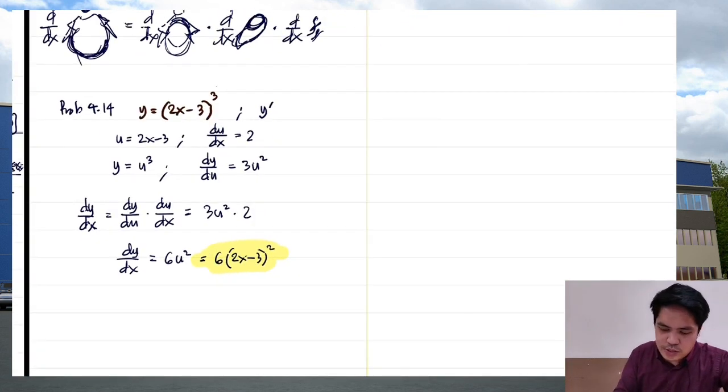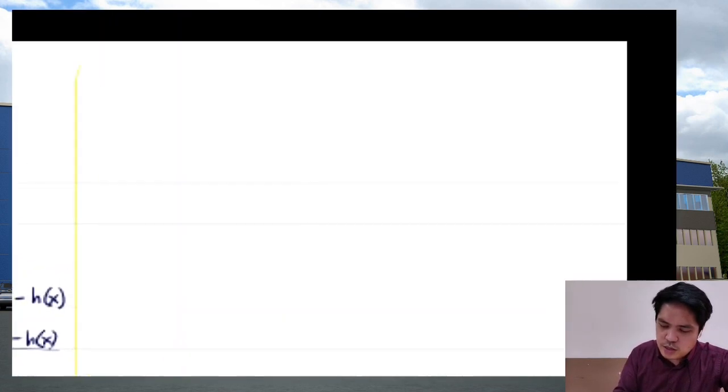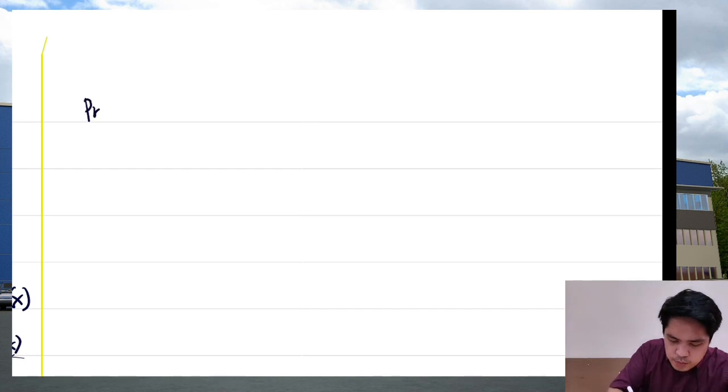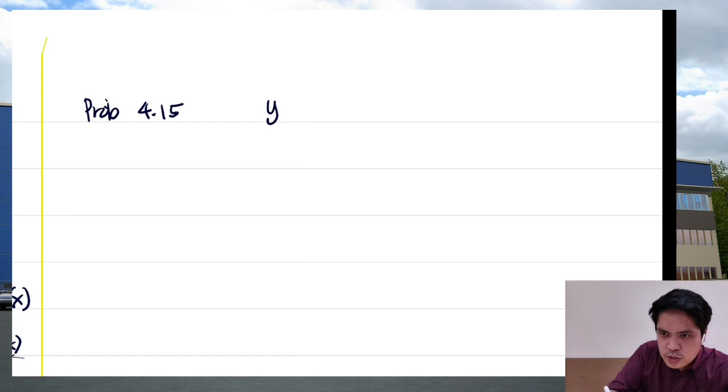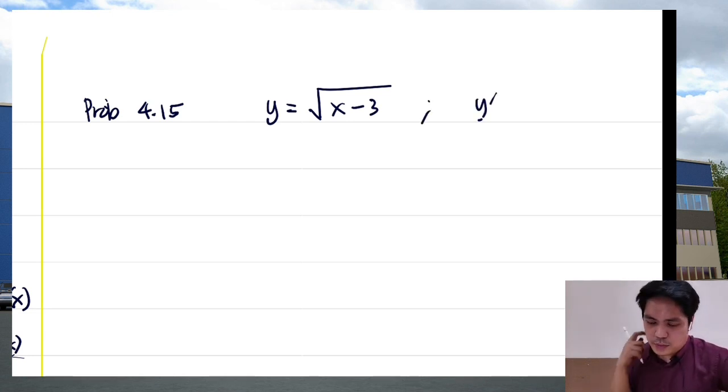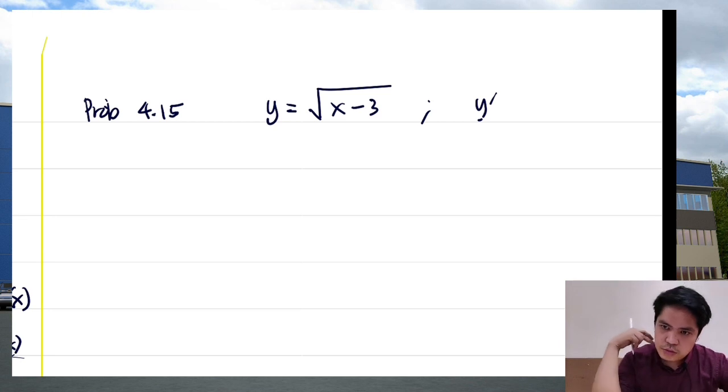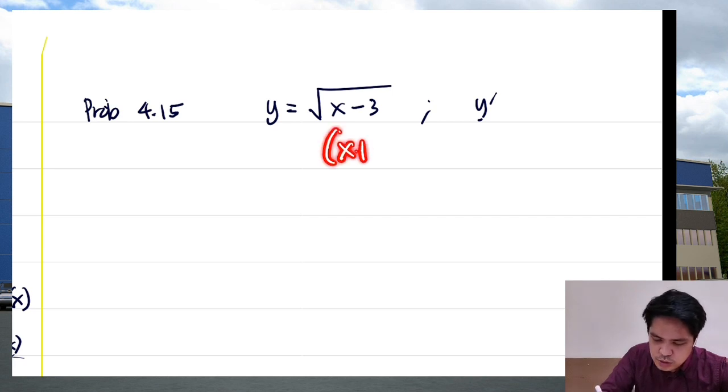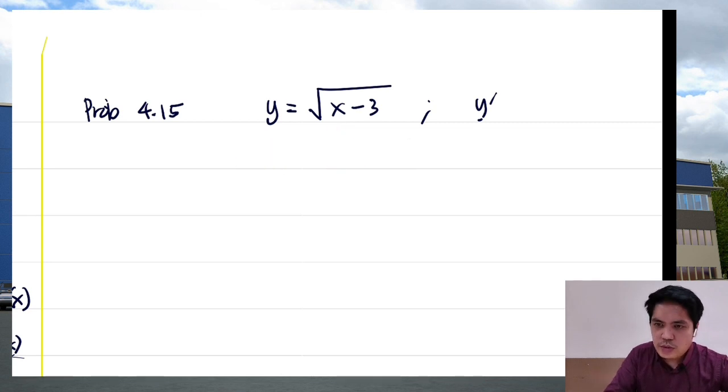Okay. So let's try another example. Let's try problem 4.15. Suppose the function is equal to the square root of x minus 3. Ayan, need to get y prime. So in this particular function, instead of applying yung in-apply natin sa una, the definition in which we need to introduce delta x and delta y, mag-chain rule na lang tayo.